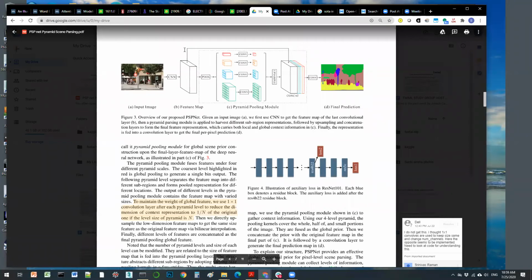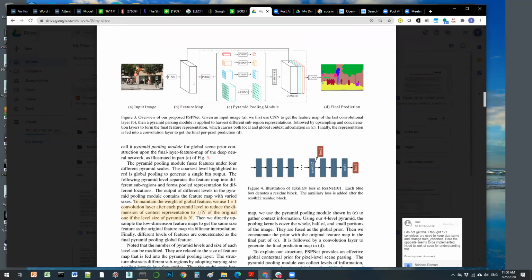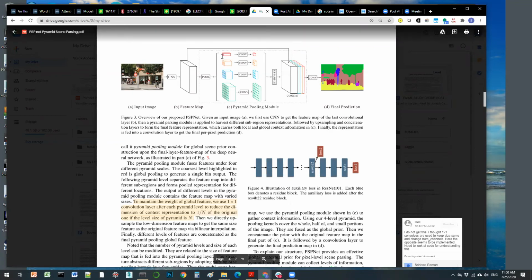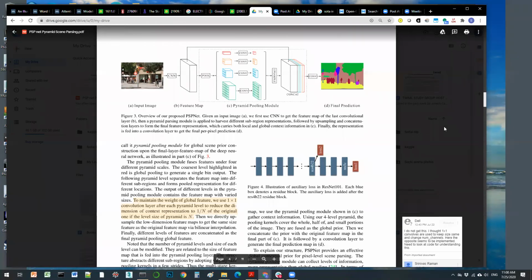You would probably need to vary not just the number of pools and the sizes at which you do them, but also how much you reduce the original feature map by. And whether you do the same 1, 2/2, 3/3, or more of these at different resolutions. Yes, that's a good point.